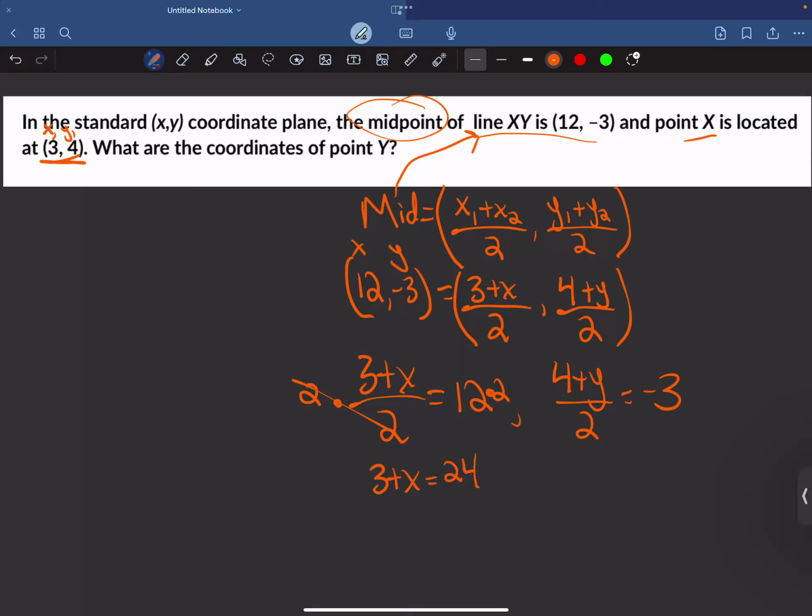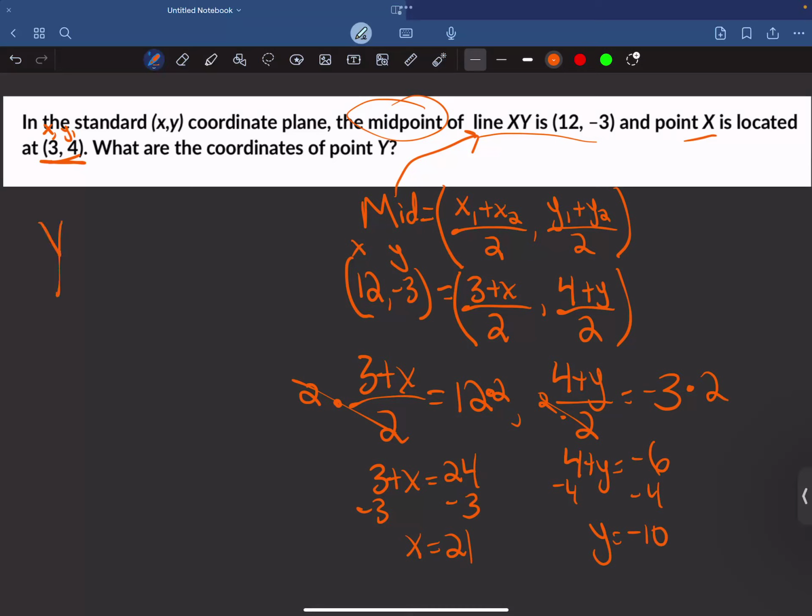Now you have a one-step equation. Subtract 3, and x is going to equal 21. Same thing here. Multiply both sides by 2. 4 plus y equals -6. How do we get y by itself? Subtract 4. y equals -10. I now have an x, I have a y.